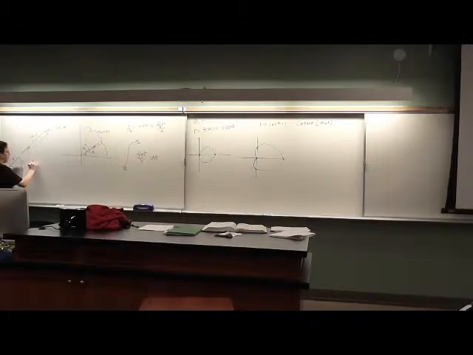So if the area of the triangle is just 1/2 base times height, well, the height again is r, so this just becomes f of theta squared over 2 times delta theta.